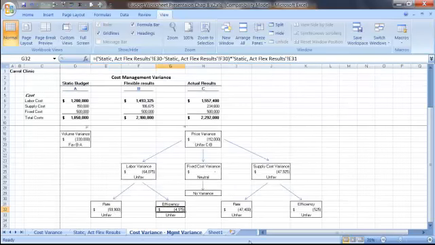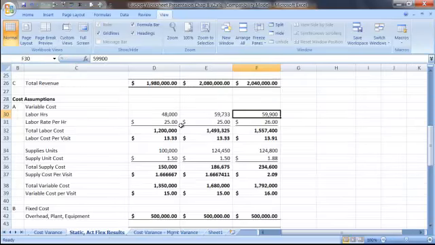There we go. Now let's look at how much of it was because of efficiency, not because of the labor rate change, but because of efficiency. Let's go back here. It would be right here.